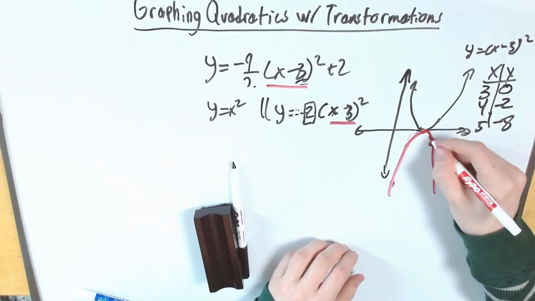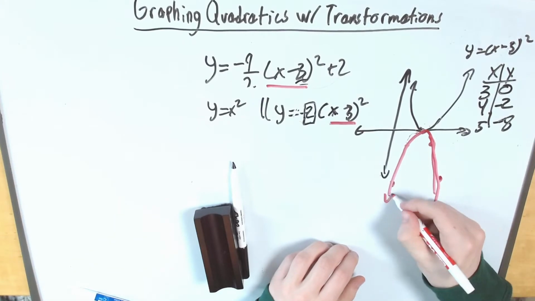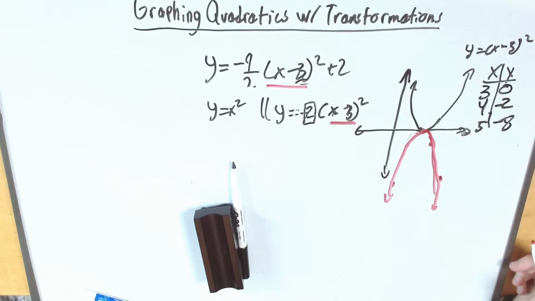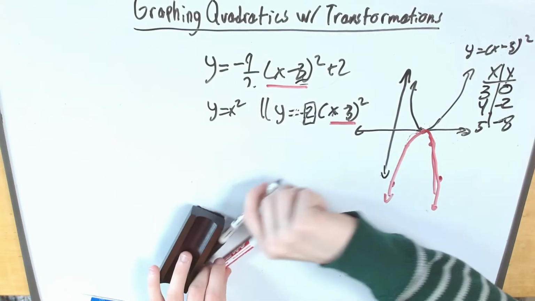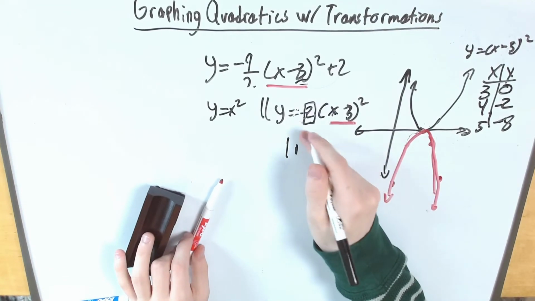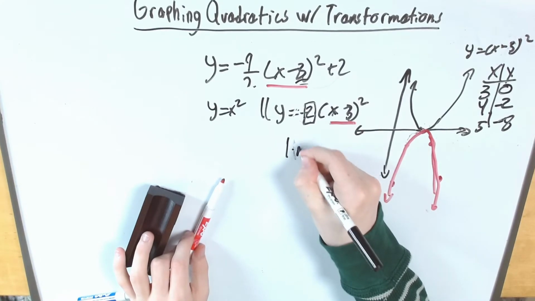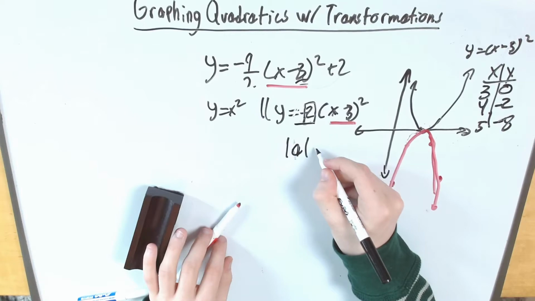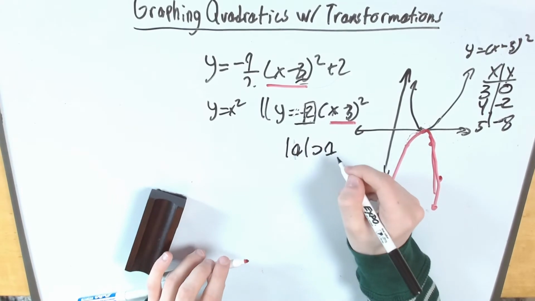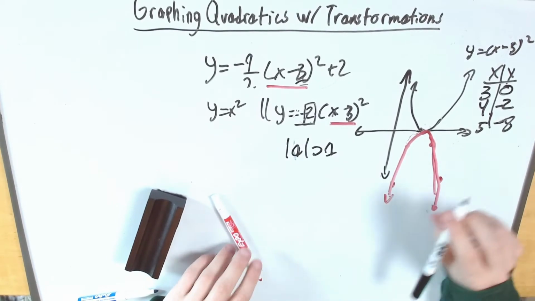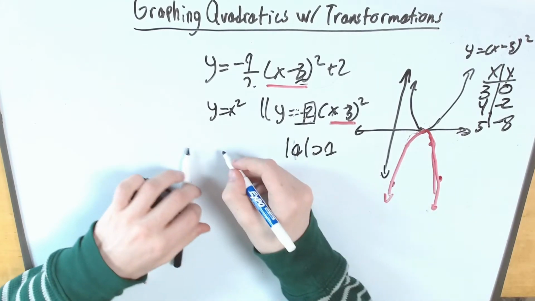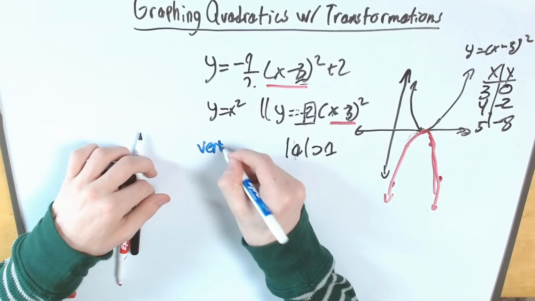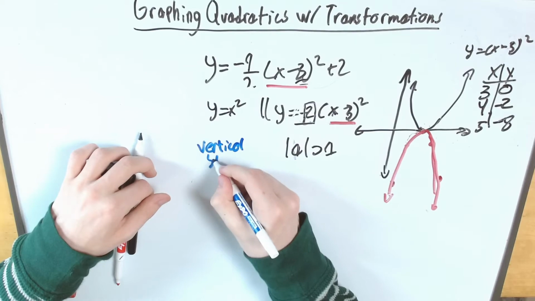where it seems to be getting a lot steeper, a lot quicker, especially in comparison to our original graph. So we say, hey, if the absolute value of the number out in front, which I'll call a, is greater than 1, it's going to get steeper, or what we call a vertical stretch.